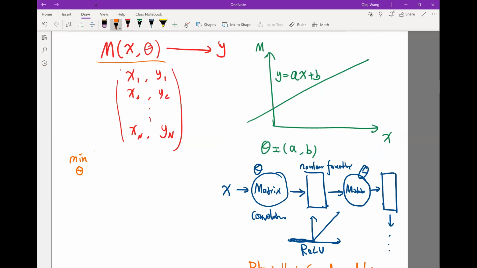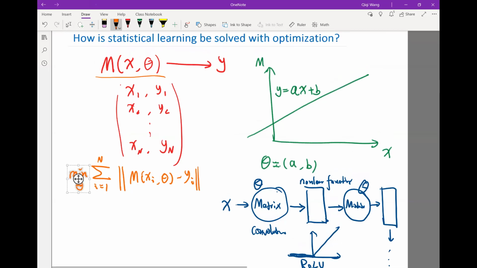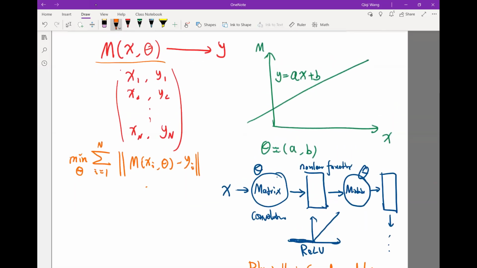So I want to minimize over all the training data. i goes from 1 to n, right? n is the number of training data, a certain metric of the difference between m(xi, theta) minus yi. Okay, so that's the typical regression. So this is regression as optimization.